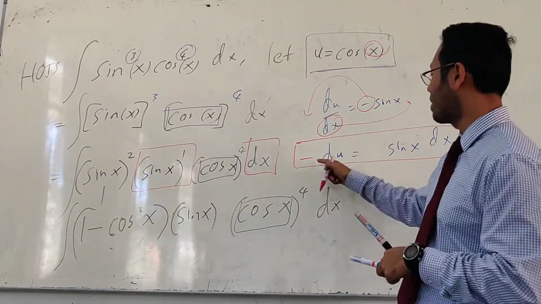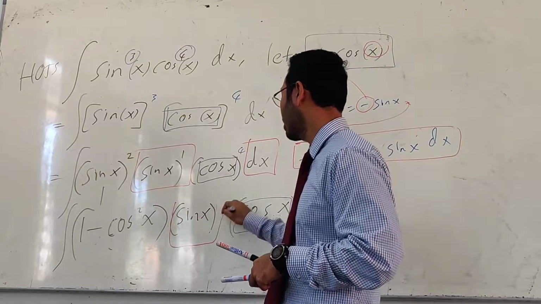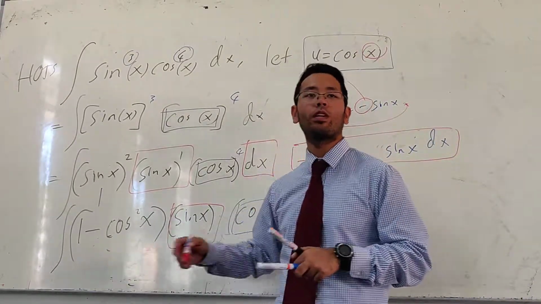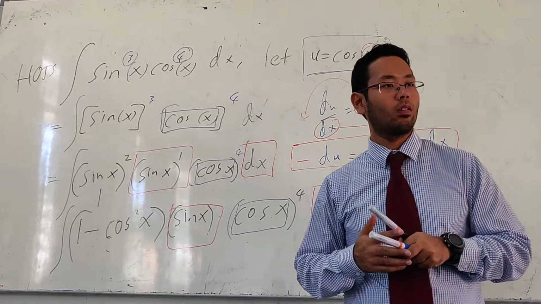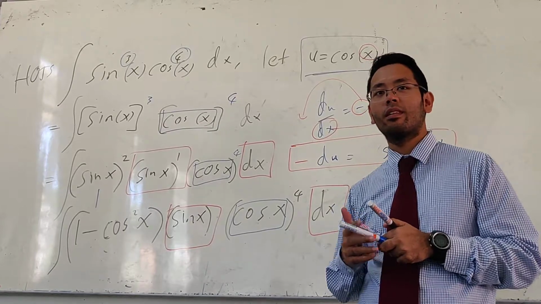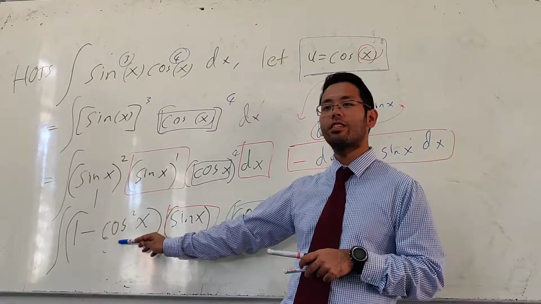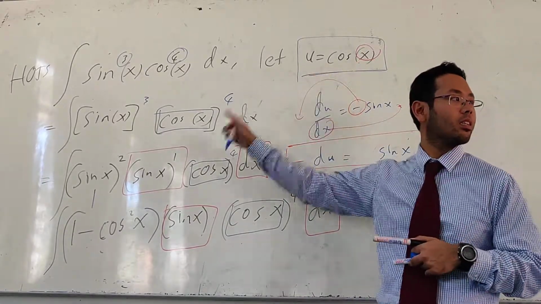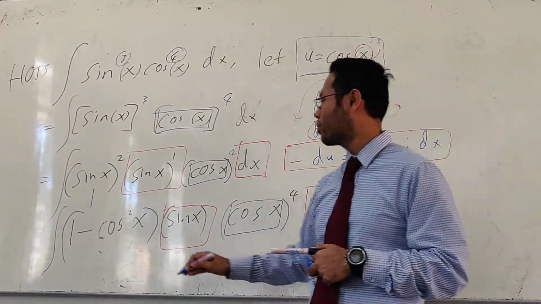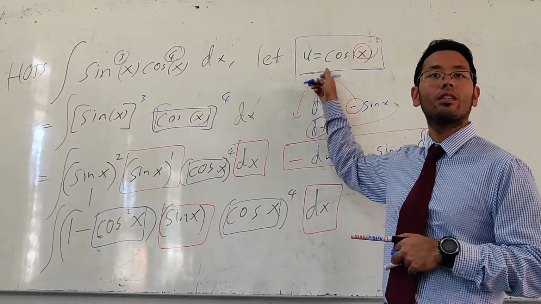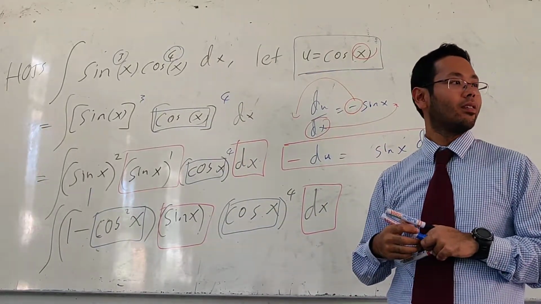Sin x dx we replace with negative du. What about this? 1 minus cos squared x becomes 1 minus u squared, because we know cos x is u. So that means you can replace this with this. Okay?